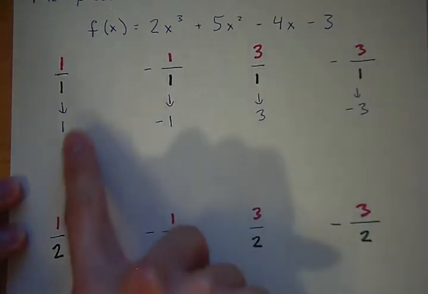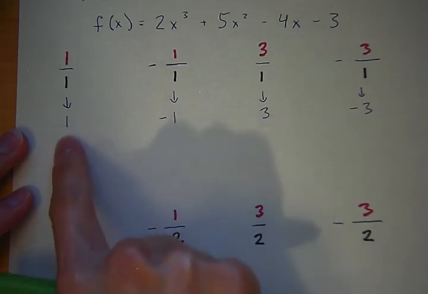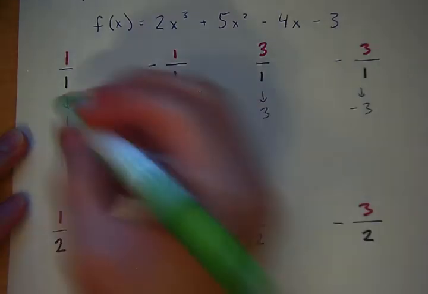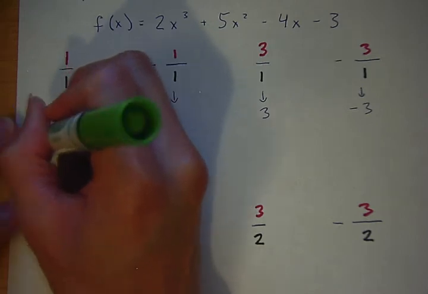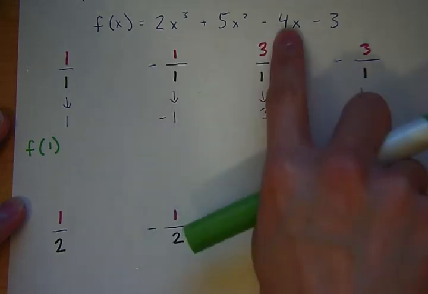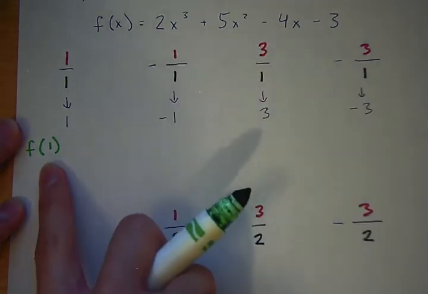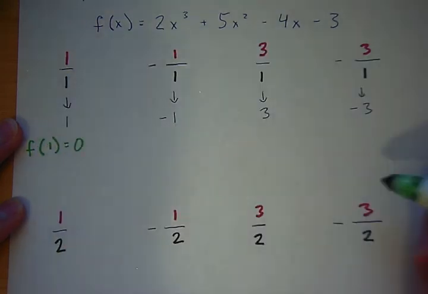So you place 1 into f of x, which is another way of saying you're finding f of 1. And if I replace all the x's with 1, this will end up giving me 0.